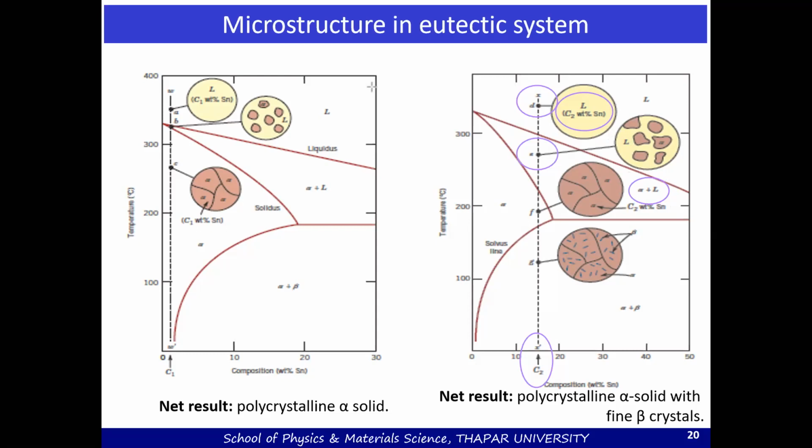If you want to find that out, you should draw a tie line that will pass through the point of interest. So your tie line will be something like this, and it will intersect on either side, one with the solidus line and another with the liquidus line.